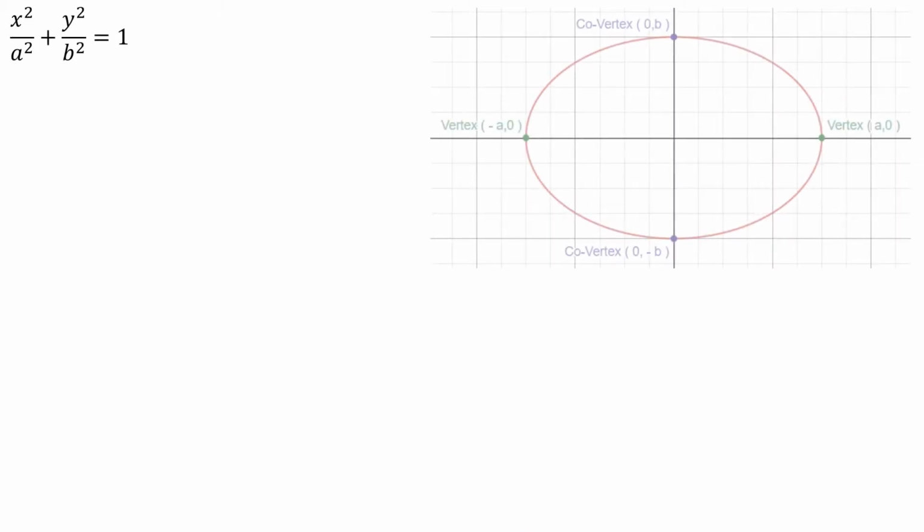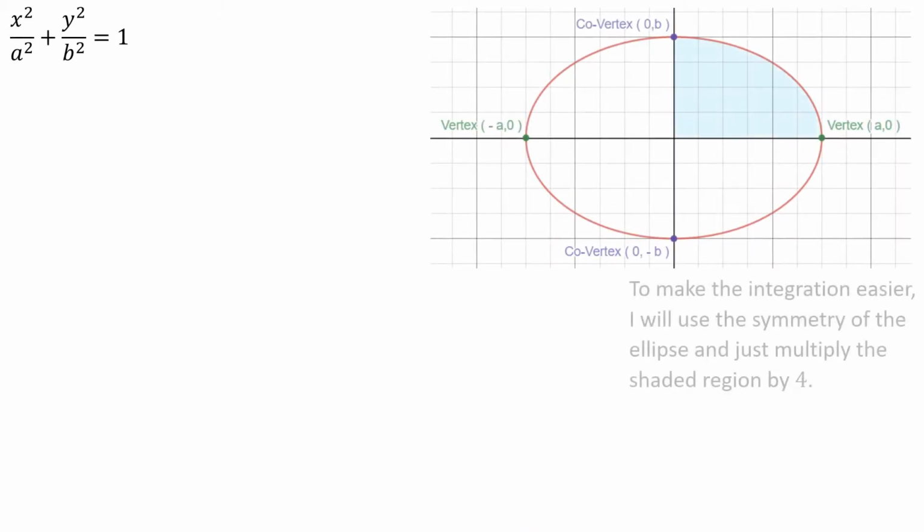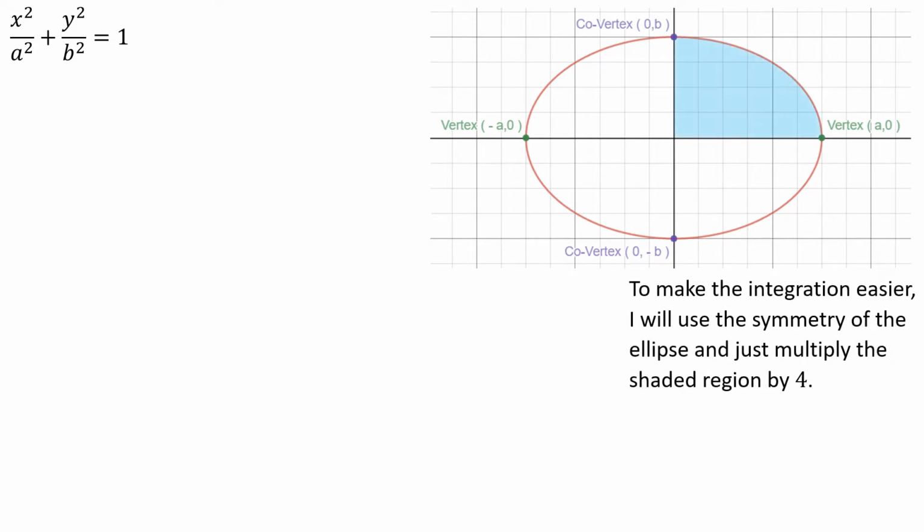So instead of x squared over a number plus y squared over a number, we're going to have x squared over a squared plus y squared over b squared. Of course, the vertices, instead of being a certain number from the origin, are going to be a units from the origin, right?